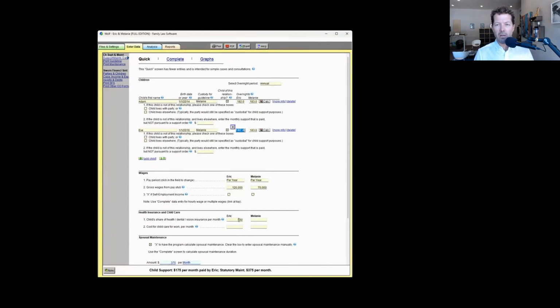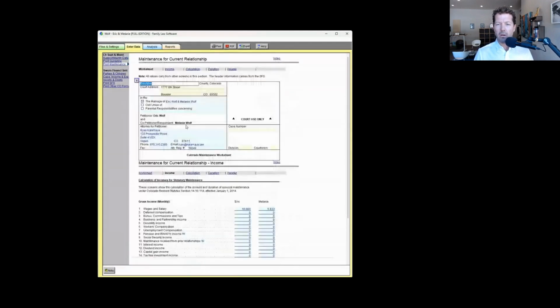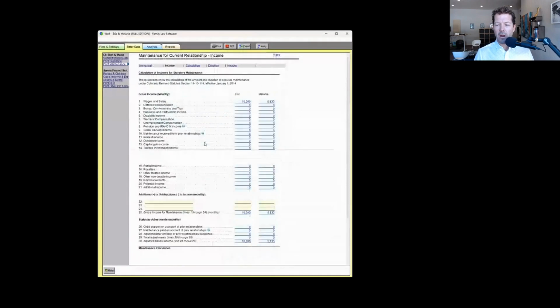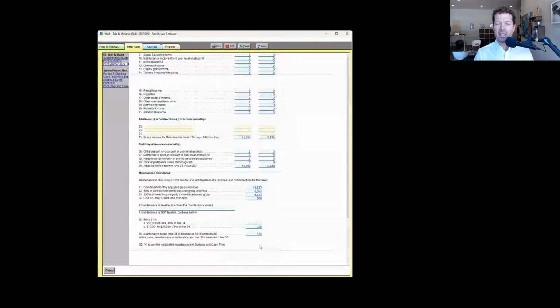So that's 500. In this example, you can see that there is a maintenance guideline amount, and here's the maintenance worksheet. So we're going to assume for purposes of this hypothetical that Eric is going to pay $375 per month in maintenance.